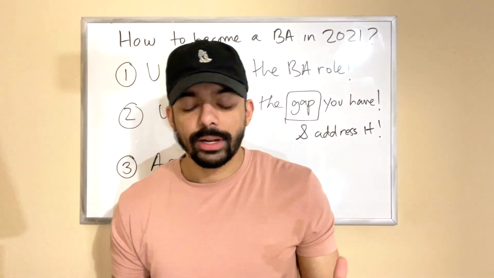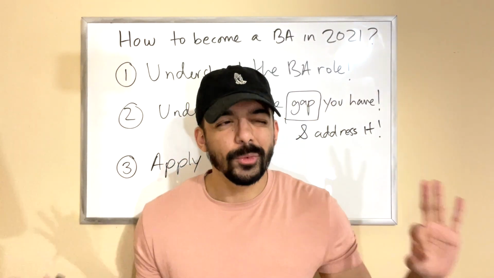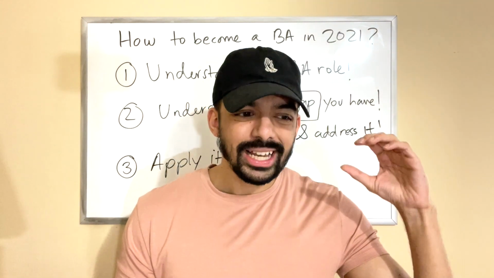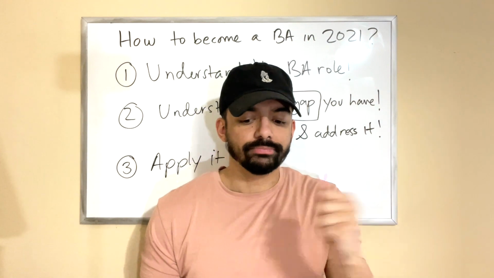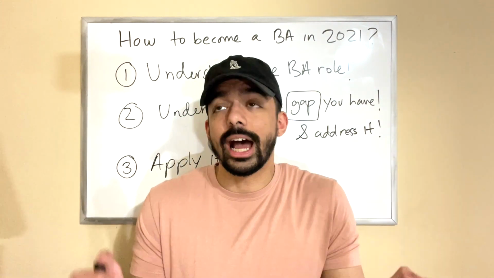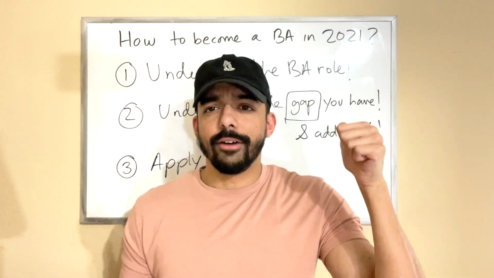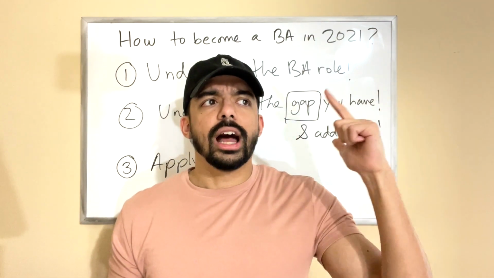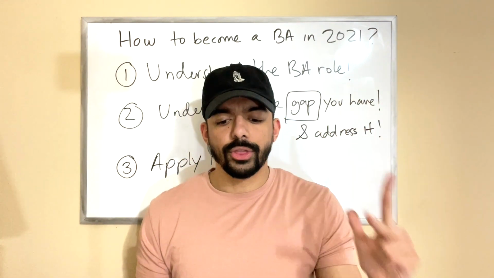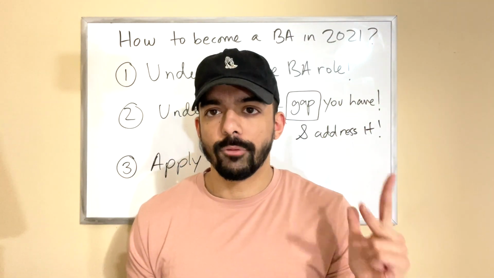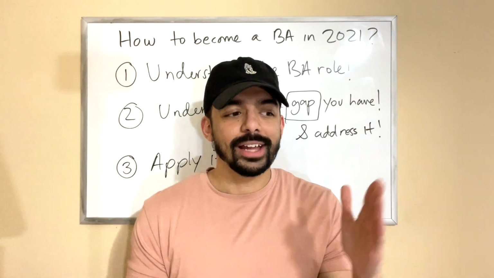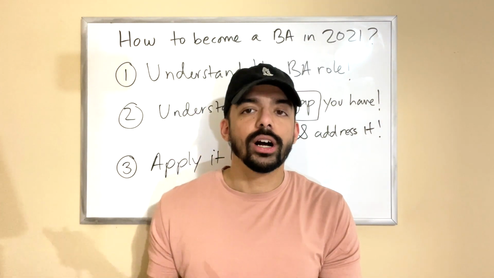So keep in mind, in 3 simple steps, you will be able to essentially go from not knowing what to do at all, you know, I want to be a BA, to now you're like, okay, I've understood the role, I've addressed my gaps, and now I'm going to go ahead and apply those things and apply for a role. And at that point, you do have a path here of becoming a business analyst.